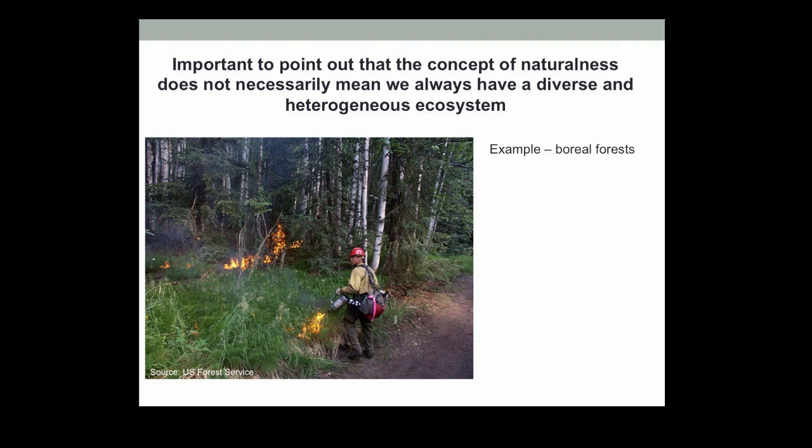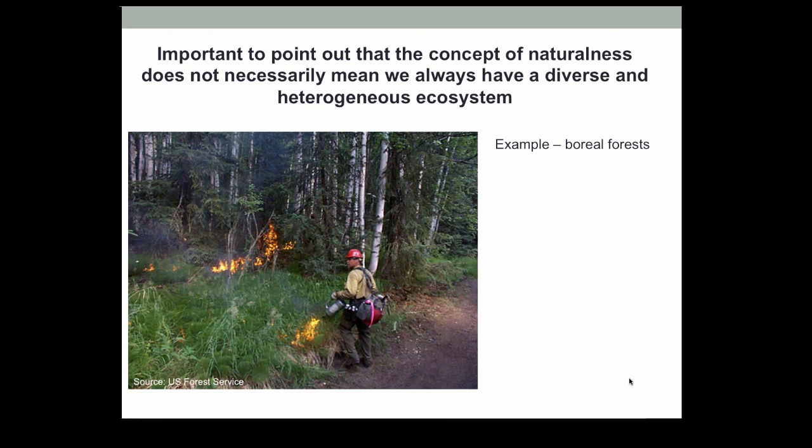So in terms of their spatial and temporal development, they're going to be pretty homogeneous, right? There are going to be trees of the same size. They're going to be distributed in the same way, often in a rather uniform pattern, and very densely covered, because they're going to be following after a stand-replacing fire.